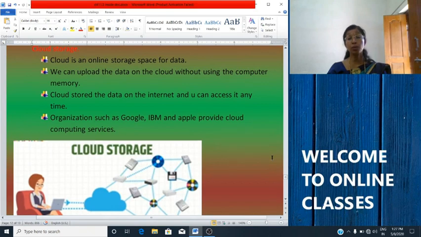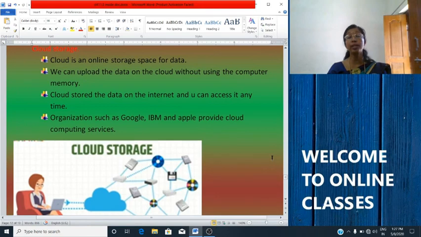Now what is cloud storage? Cloud is an online storage space for data. We can upload the data or our files on the cloud without using the computer memory. Cloud stores the data on the internet and you can access it anytime.